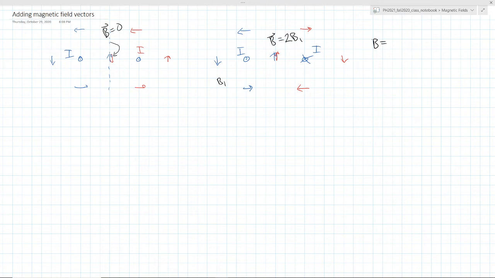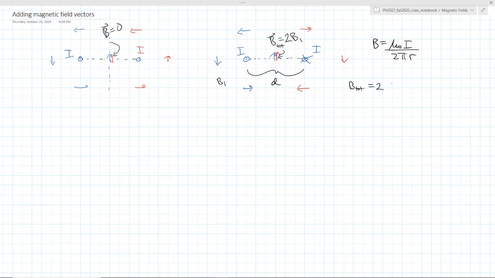And we could find that. We know the magnetic field magnitude around a wire looks like mu naught I over 2 pi r, where r is that distance. If we called this separation distance d, then let me call this the total magnetic field, and we're talking about just the point in the middle on the line that's between them for both of these.